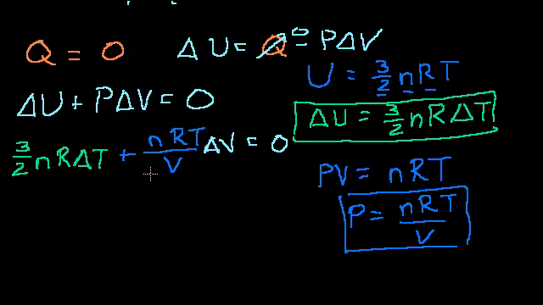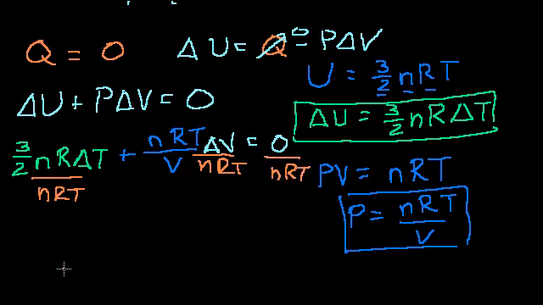So if we divide both sides by nRT, what do we get? We have to do it to both sides of this equation. Well, on this term, the n cancels out, the R cancels out. Over here, this nRT cancels out with this nRT. And what are we left with?